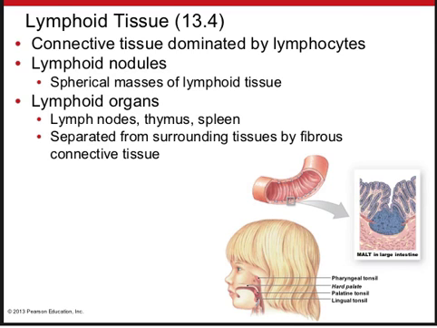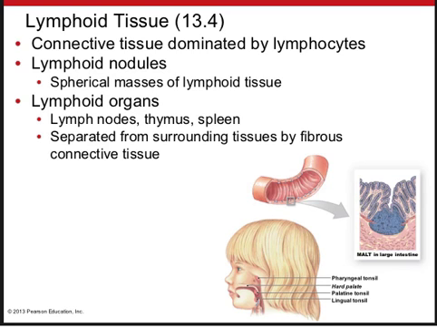Lymphoid nodules tend to be clusters of lymphoid cells that are found in any body system that's open to the environment. They're deep to the epithelia and they line the passages of the respiratory and the digestive system. As a group, they're called mucosa-associated lymphoid tissue.